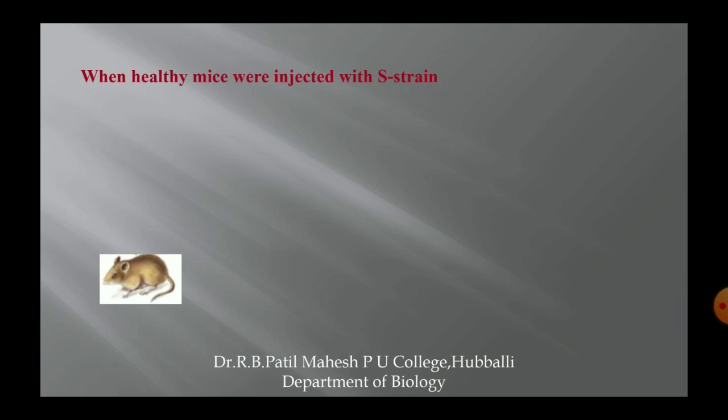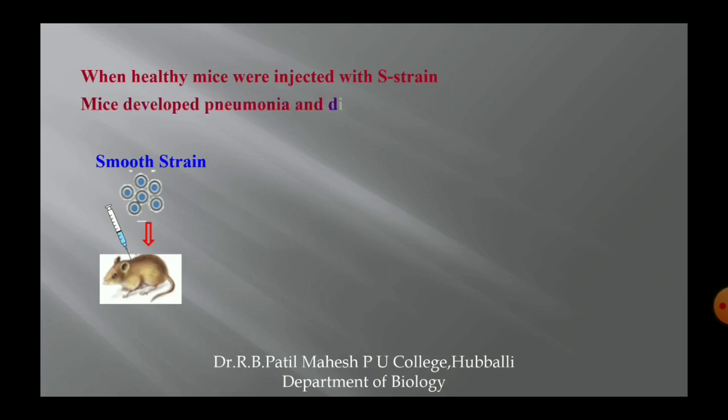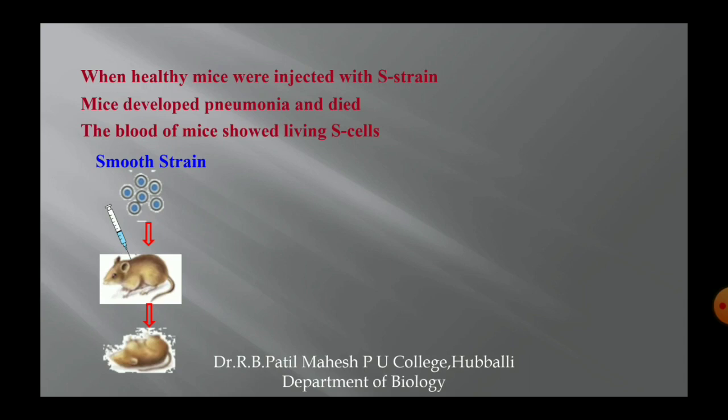In the first experiment, he injected live S cells into the mice, and the mice died because of pneumonia. Why? Because the live S cells are virulent. After this he analyzed the tissue and blood from the dead mice.